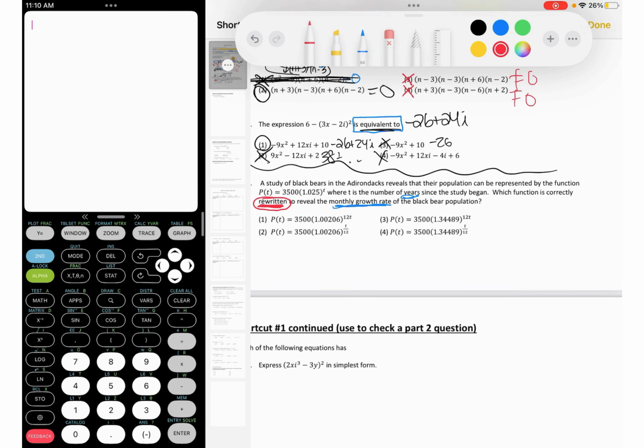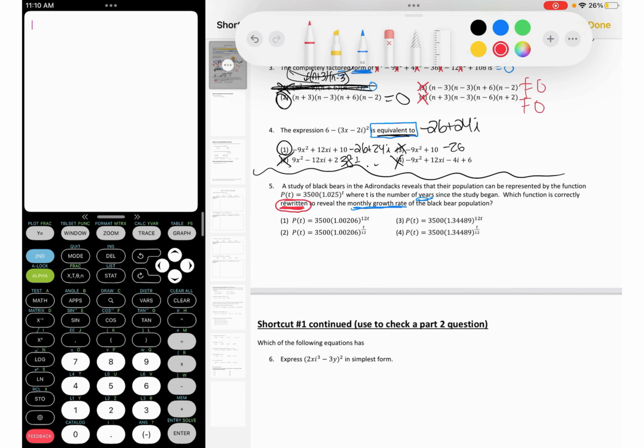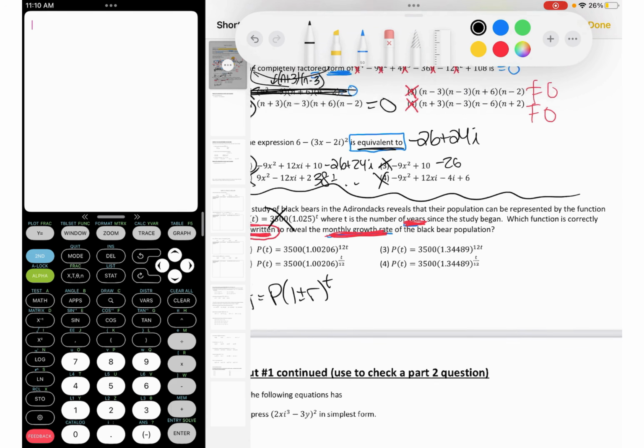So like I said, I'm going to do this the right way first. When we are changing the time from a yearly rate to a monthly growth rate, that is not going to impact this number. If you remember from the growth formula, apologies if your teachers do it a little bit differently. Did this one say it was growth?